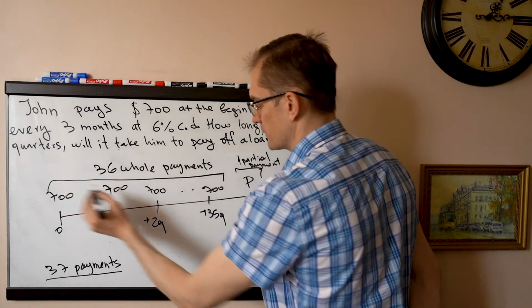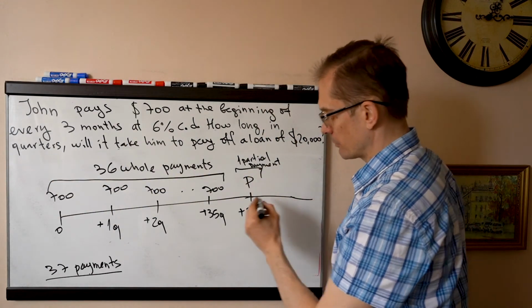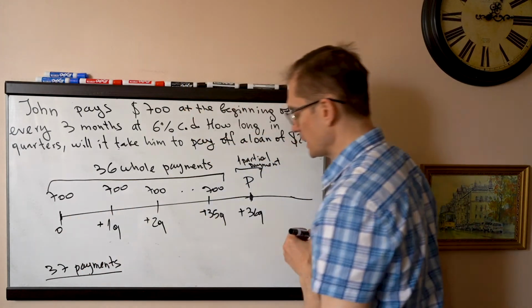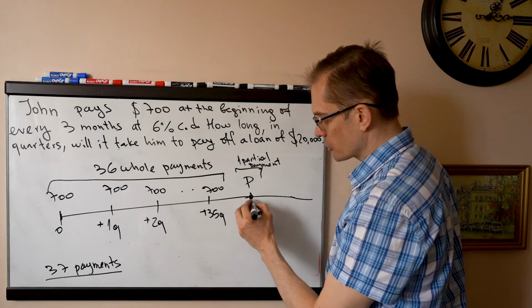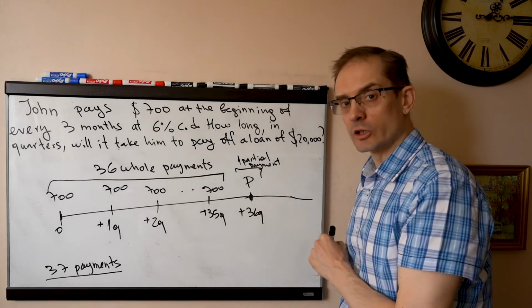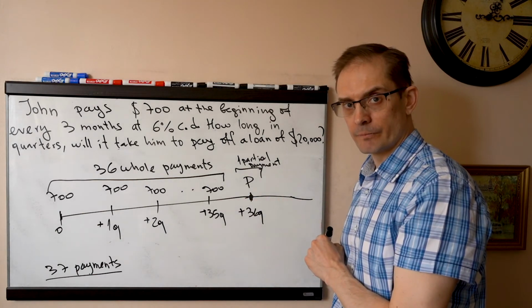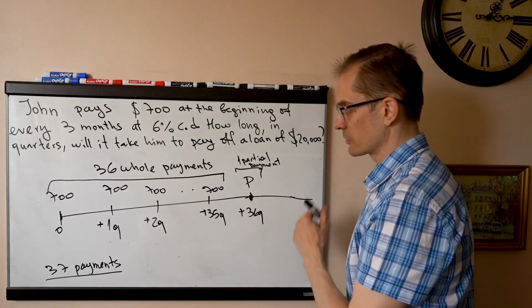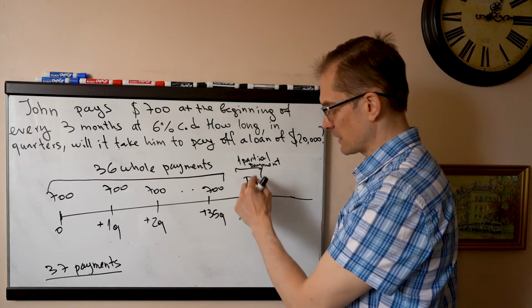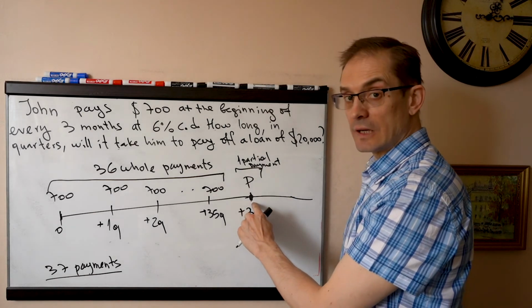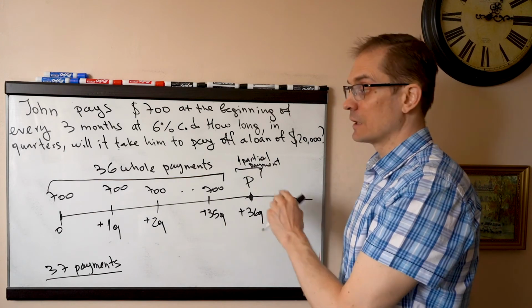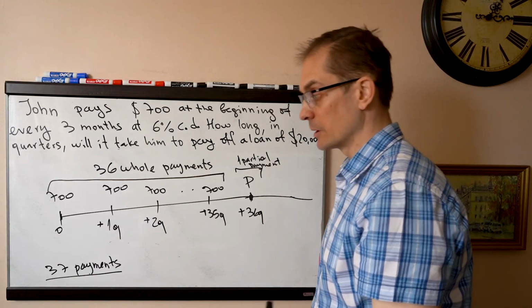So 37 payments in total. But look, because the first payment was made today in this due annuity, actually it is 36 quarters that are necessary to close this loan. 36 quarters. So John will pay this last partial payment after 36 quarters, and that's it. The loan is paid off. That's because this is a due annuity.